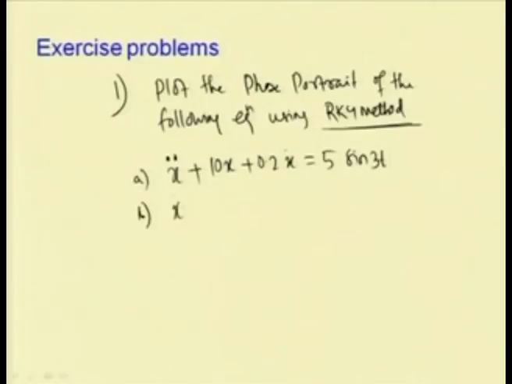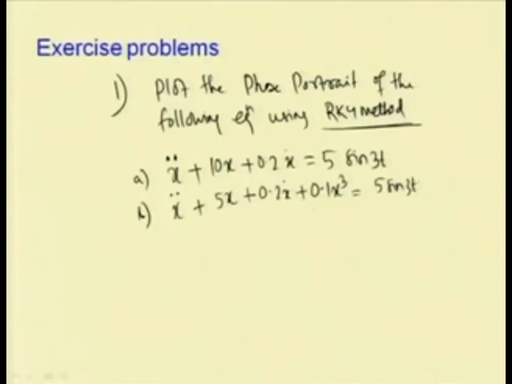then x double dot plus 5 x plus 0.2 x dot plus 0.1 x cube equal to 5 sin 3t. This is Duffing type.